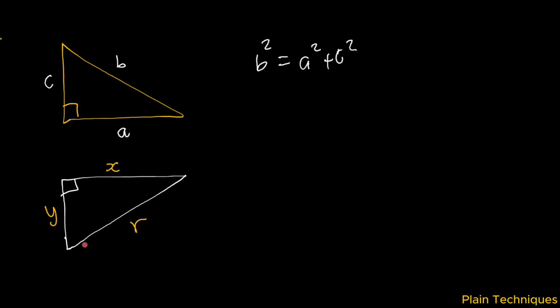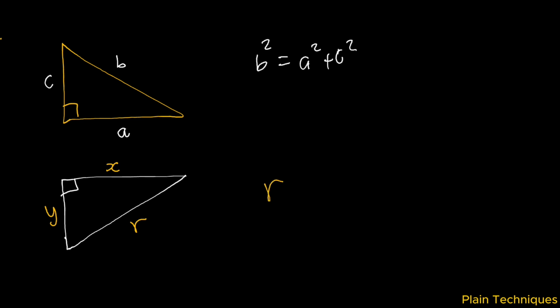Why am I saying that? This is the longest side of the triangle and it's opposite 90 degrees, right? And the name of that side is now called r. Remember, your Pythagoras theorem says you take the hypotenuse and you put squared. Let's put that into writing.